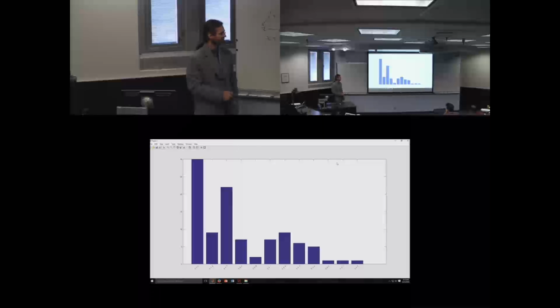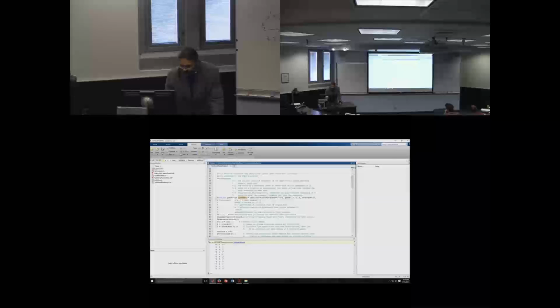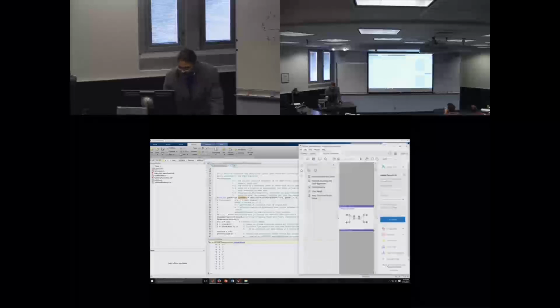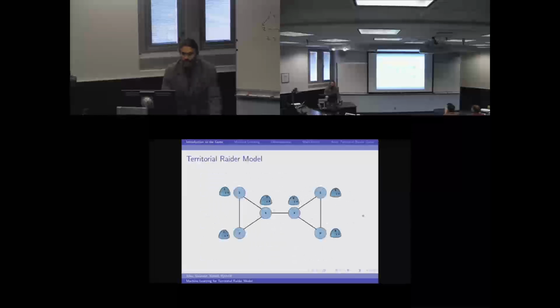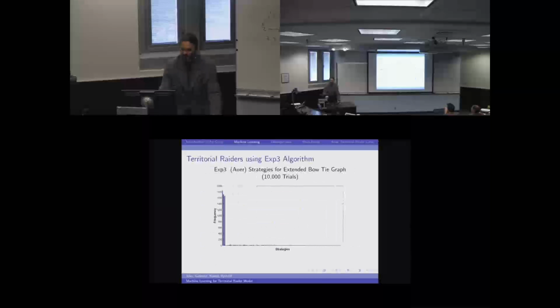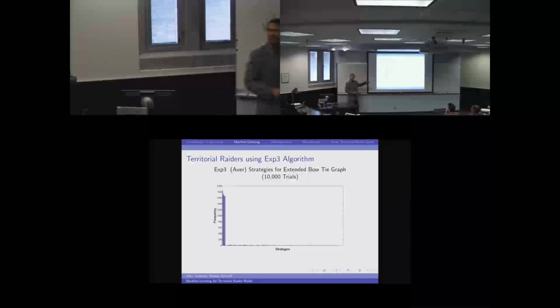If you were to run this 10,000 times, I cannot really show you what will happen in this picture, but on this graph, if you run it 10,000 times, then this is what you will see.